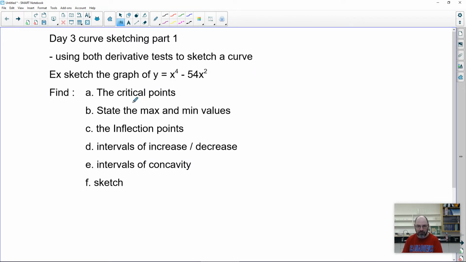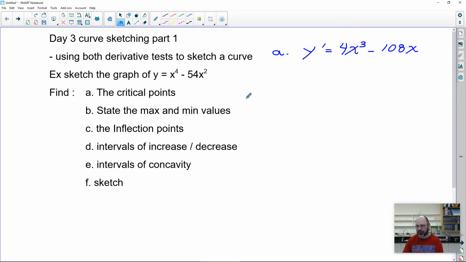Okay, so the critical points are where the derivative is set to 0. So let's do the critical points right here. y prime is equal to 4x cubed minus 108x, that's 54 times 2, x.